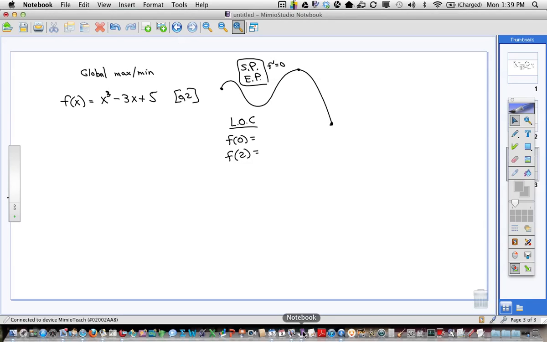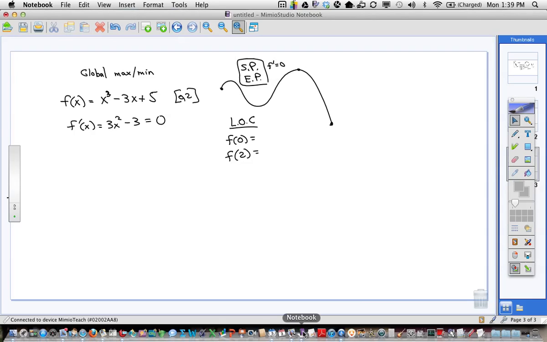Because I want the biggest and smallest output of the f graph. So it could happen at the endpoints, like this picture shows. Or it might happen in between when the derivative is 0. So don't I need to do the derivative and set it equal to 0? So this part is like the other one. 3x squared minus 3, and set it equal to 0.